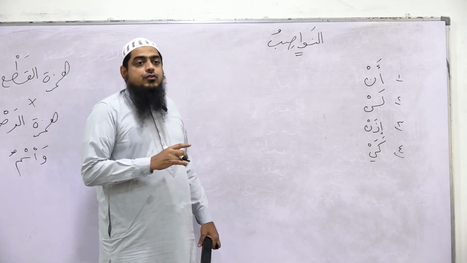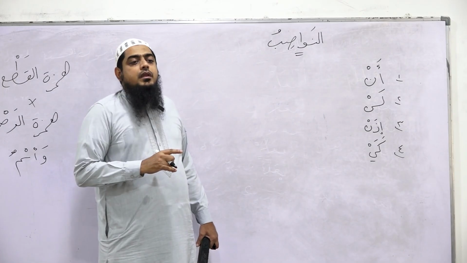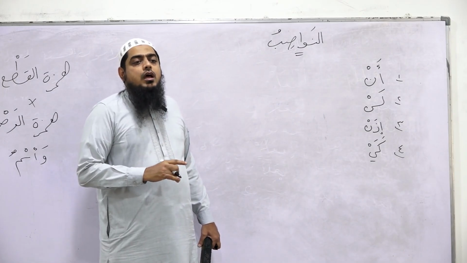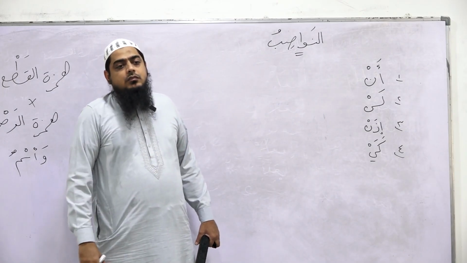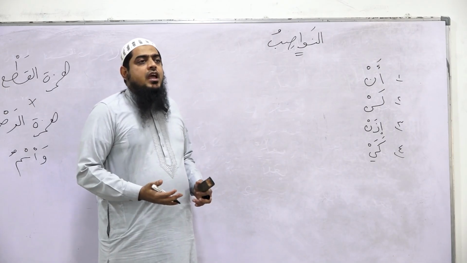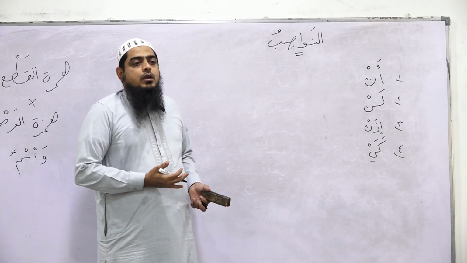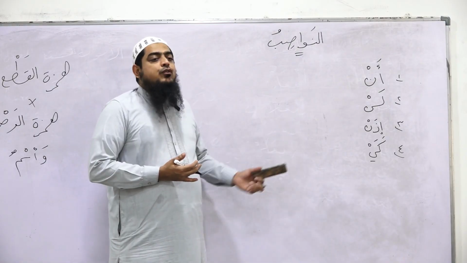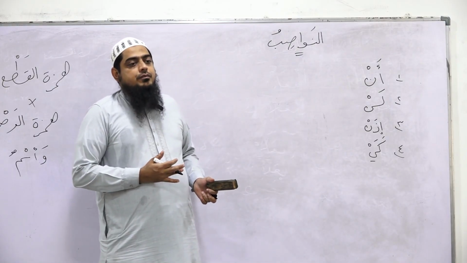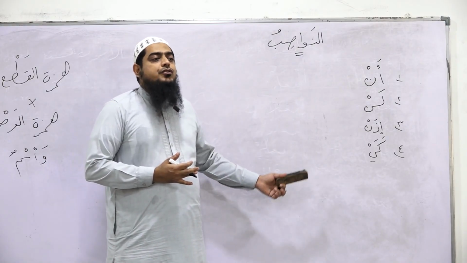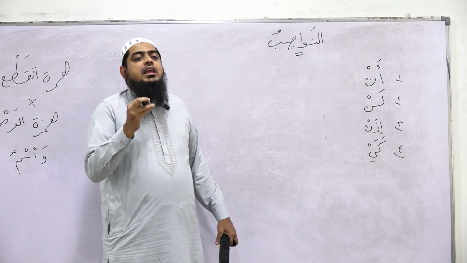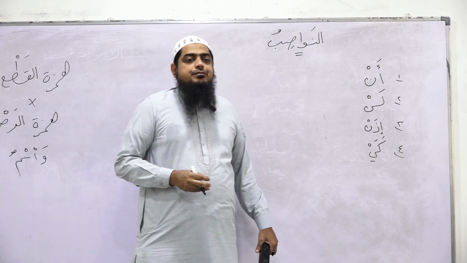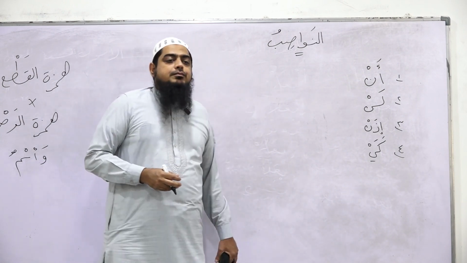These hurufs will come before al-fi'l al-mudari'. Or in other words, al-fi'l al-mudari' will take these 4 hurufs. And these 4 hurufs, by nature, will give nasb. What's the meaning of nasb?